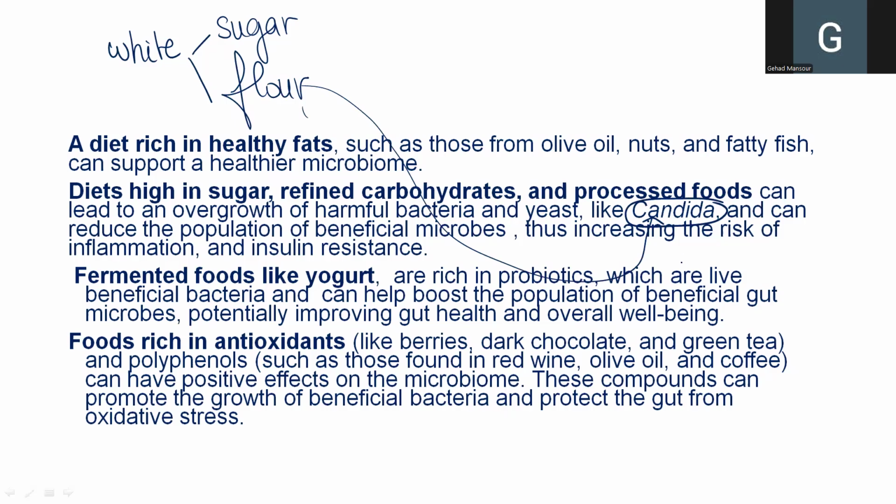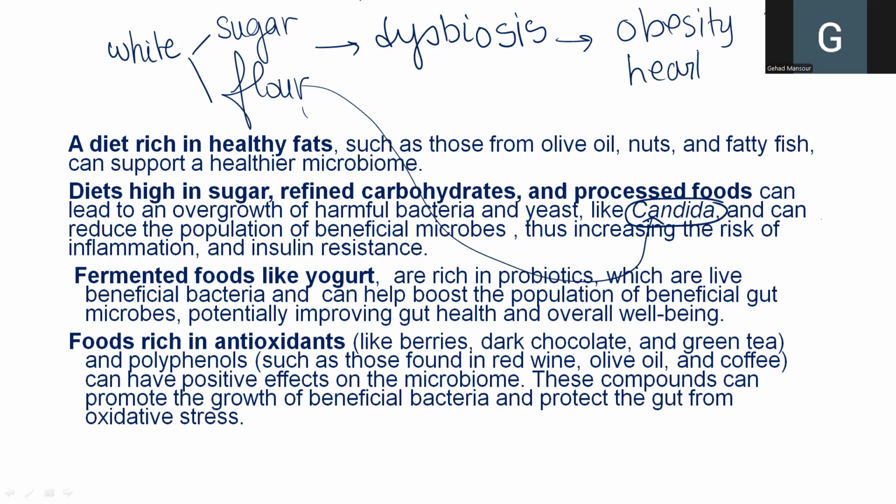Candida is a unicellular fungus. And at the same time, it diminishes good, friendly flora. That's why we say that again, white sugar and white flour cause dysbiosis or population shift, which again will result in obesity, as we said before, diabetes mellitus, and in heart attacks.